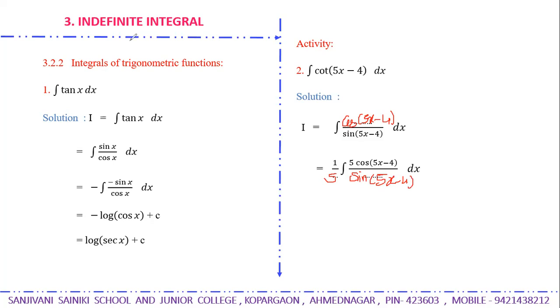Then what we will do here: the numerator is the derivative of the denominator, so its integral is log of the denominator, log of sin of 5x minus 4 plus c.